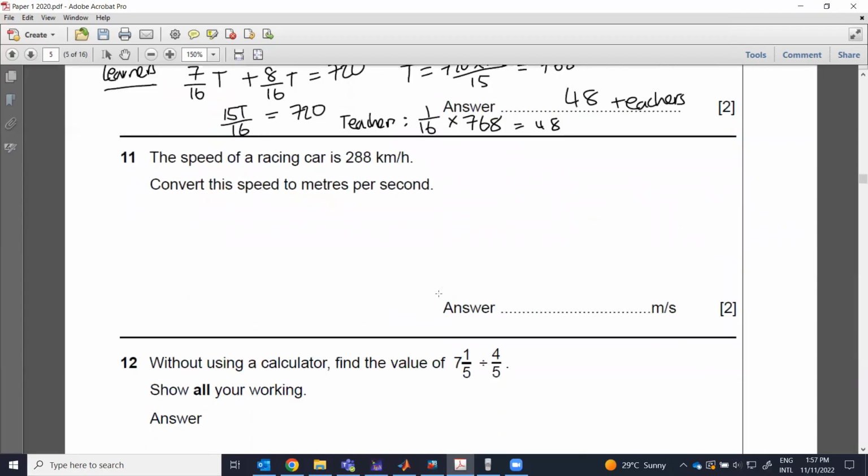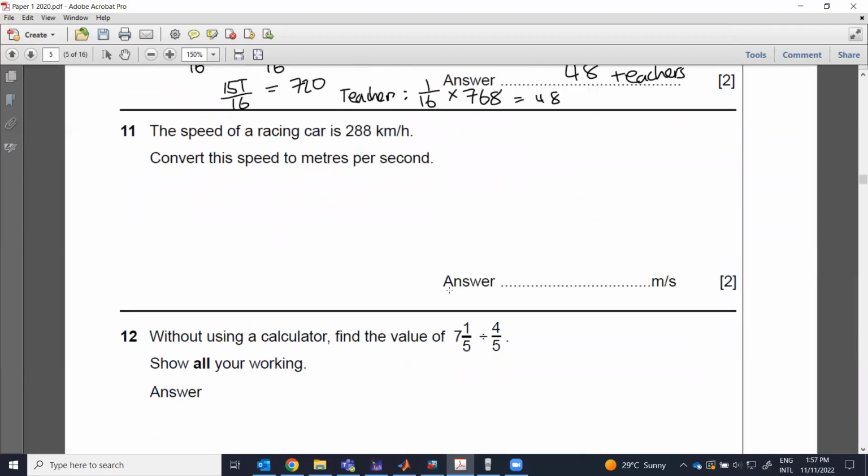Okay, number 11, the speed of a racing car is 288 kilometers per hour. Convert this speed to meters per second. So an easy way to do this is you just rewrite it as a fraction. So it's 288 kilometers per hour means over 1 hour. And then you convert the kilometers to meters.